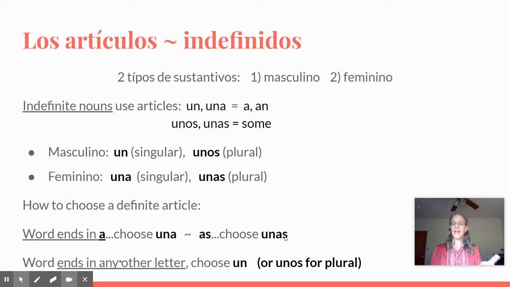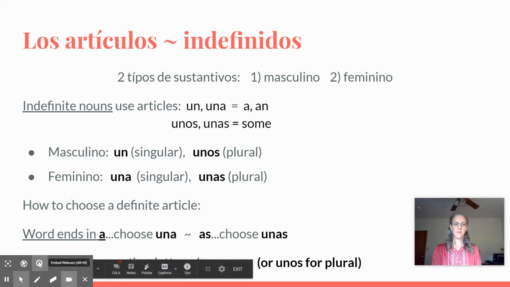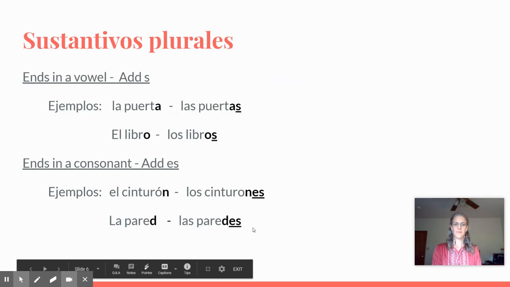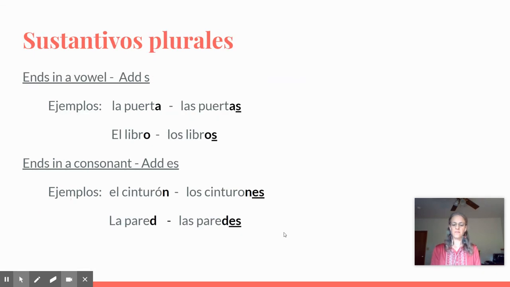If a word ends in any other letter, choose un. And if it's plural, match it with unos. Okay, so we'll do some practice this week of matching our el, la, los, or las, un, una, unos, or unas to nouns.